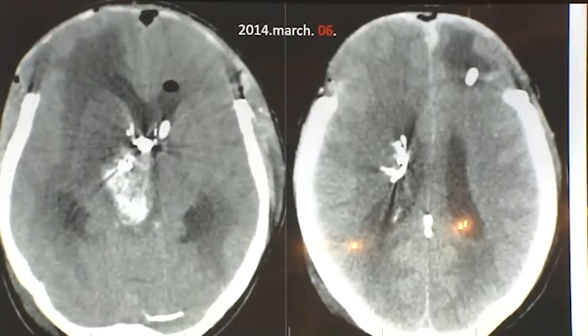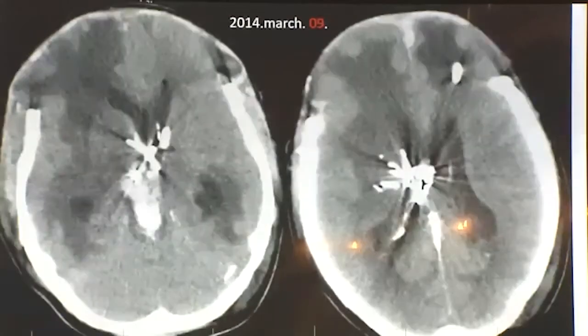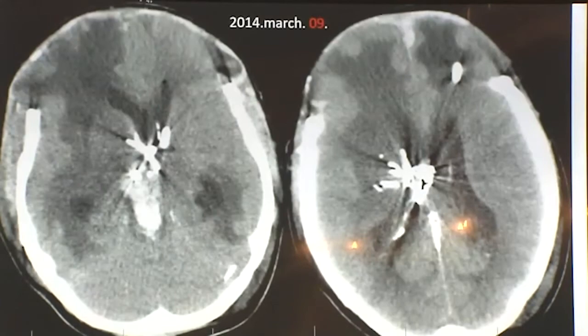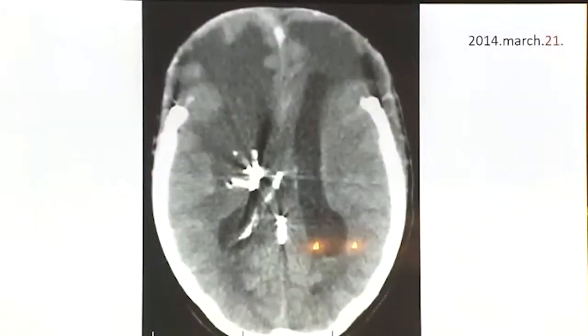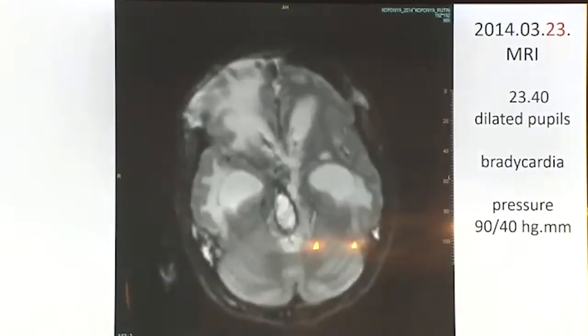March 6, the situation worsened. You see a very terrible big edema. March 9, the situation terrible. March 21, you see the worsening of this situation.